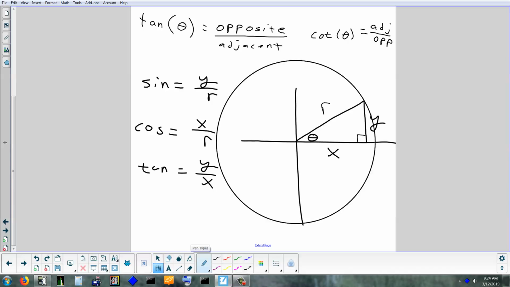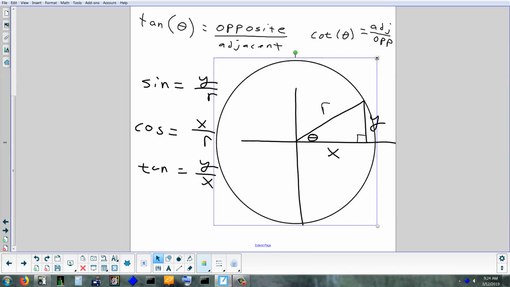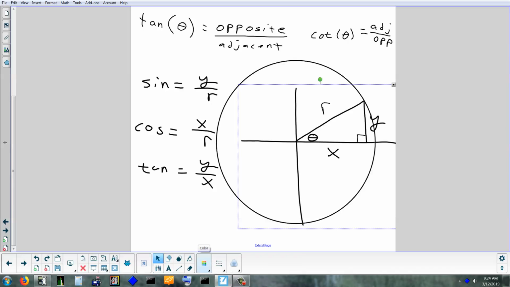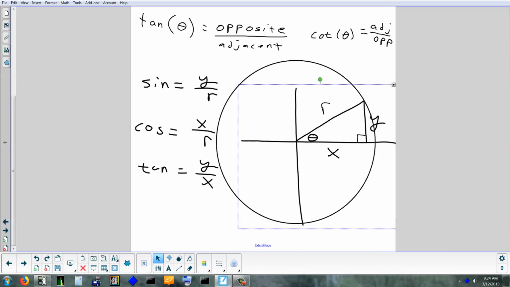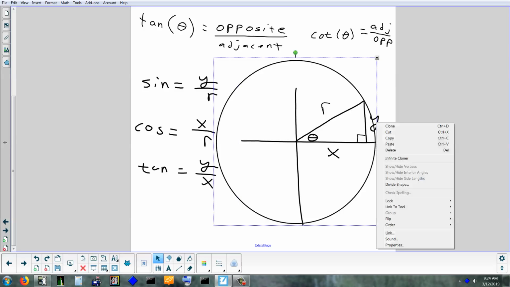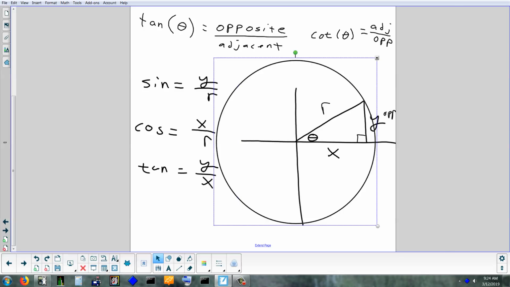All right, so sine was y over r. But now, using the terms I just explained, y is the side that's farthest away. What's the name of the side that's farthest away? Opposite. And the name of the side that's across from the 90? Hypotenuse. So y is the opposite. R is the hypotenuse. So sine is y over r, but that really means it's opposite over hypotenuse. That's what we just wrote down. Okay.